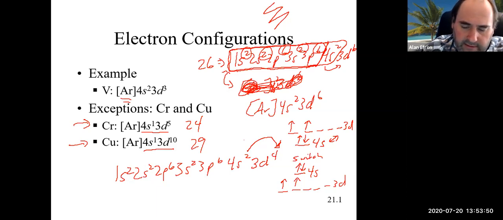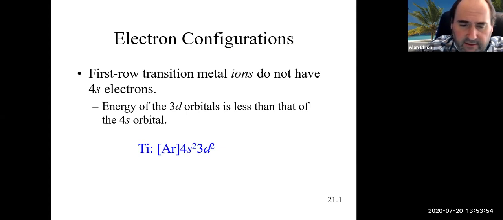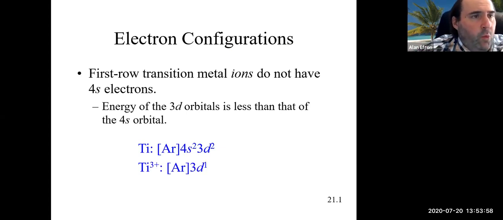Now, when we talk about electrons and ions being formed from these transition metals, because of the transition that occurs when you start to fill those d orbitals, the 4s actually becomes higher in energy than the 3d, for example.